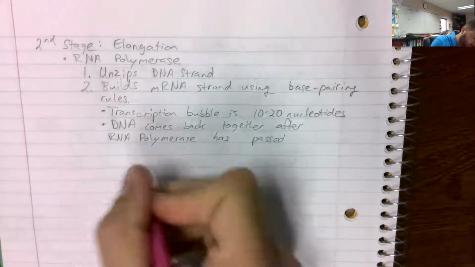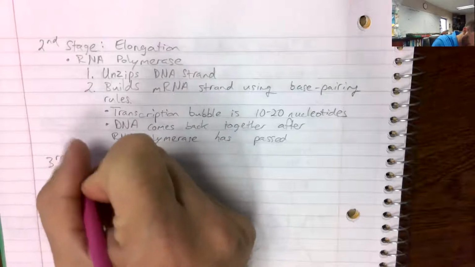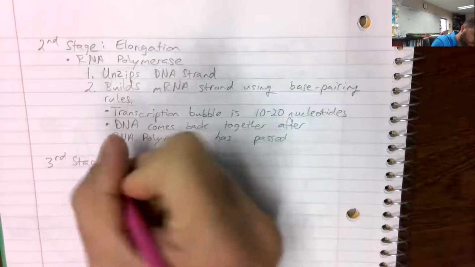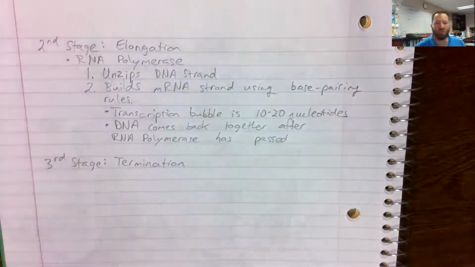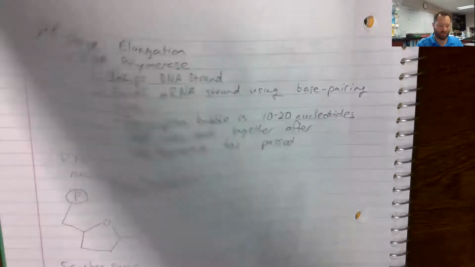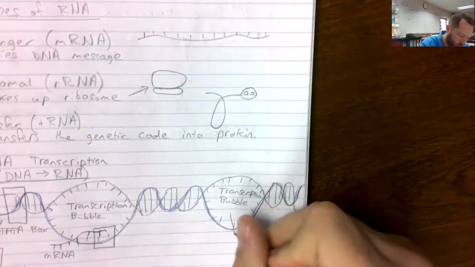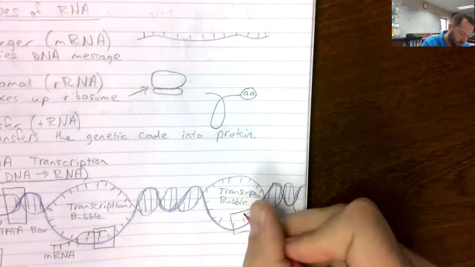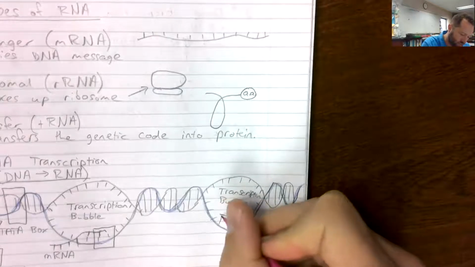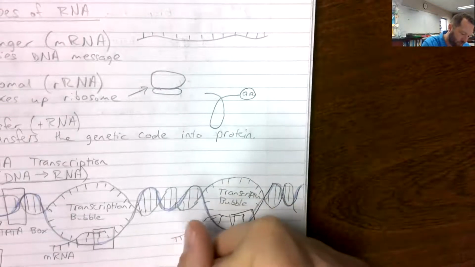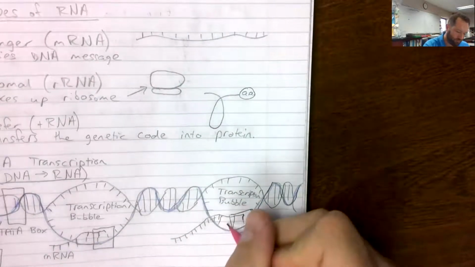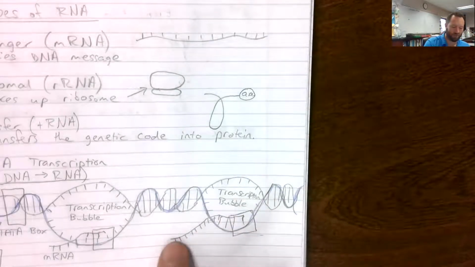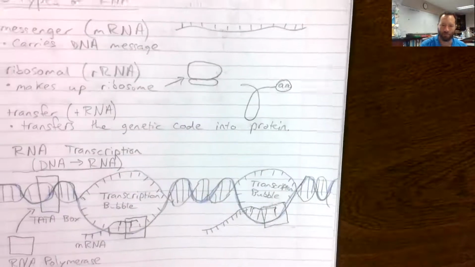All right, we have one more stage to talk about then, and that is termination. It's pretty much exactly what it sounds like. At the end of the gene, I'm going to draw one more RNA polymerase down here. Again, he's adding his nucleotides, and he's got a tail of mRNA coming up. I'm going to make this tail a little bit longer. You guys notice that little artistic effect there? His tail's longer because he's been at it for a longer time.